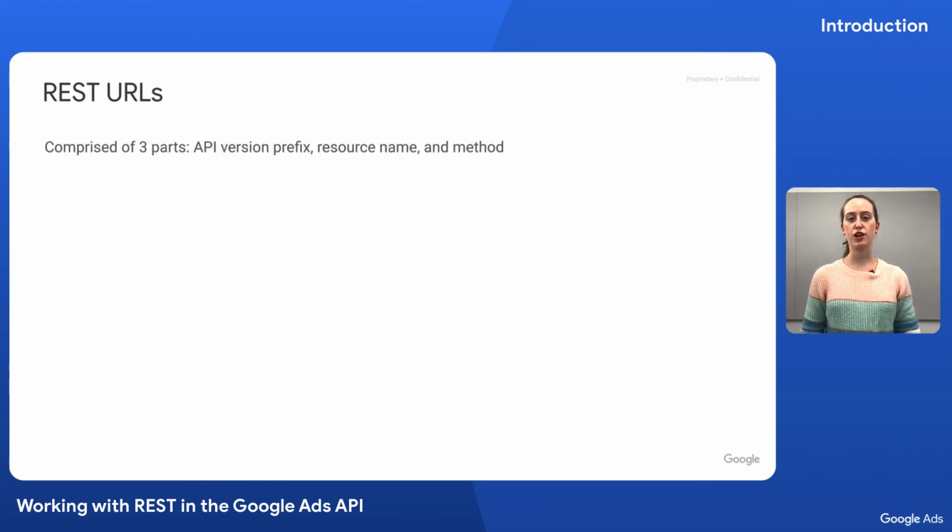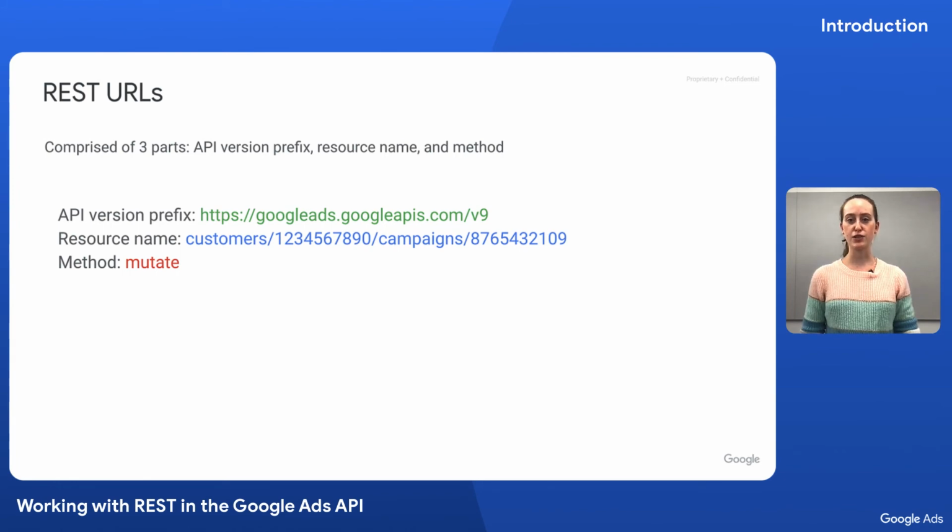Now we can construct our REST URL, which is the endpoint where we will send our API request. The URL is comprised of 3 parts: the resource name and method, which we discussed, and the API version prefix. Using the same campaign resource example we just looked at, the resource name would be that hierarchical resource name, the method we'll use is mutate, and the API version prefix will be the standard Google Ads API endpoint with v9 as the specific API version for this example.